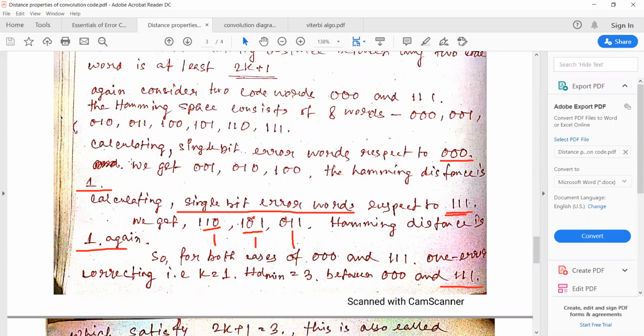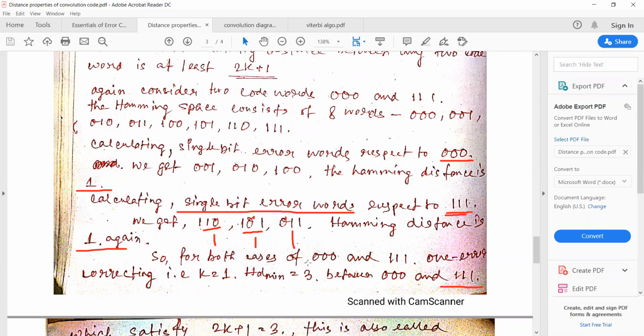As I've told you, calculating the single bit error with respect to 0, 0, 0, we have chosen these 3 bit sequences from the Hamming space, and we have got the Hamming distances as 1. And considering 1, 1, 1, we have also got the Hamming distances as 1. Okay.